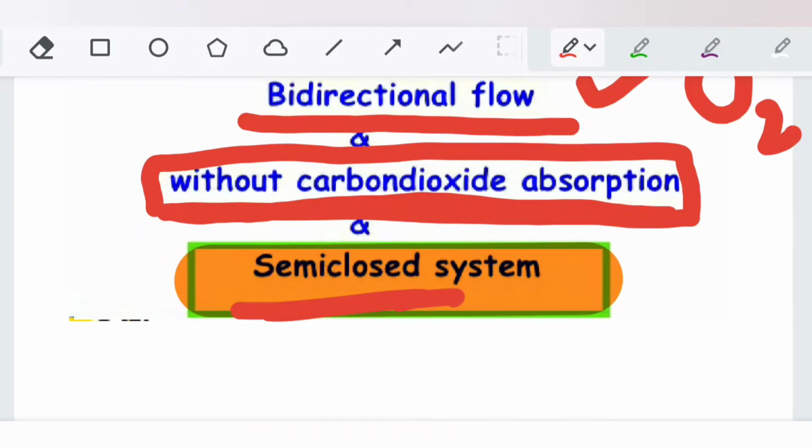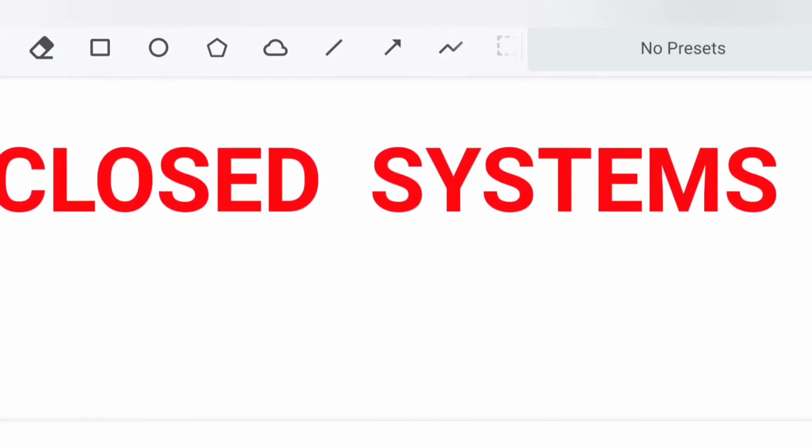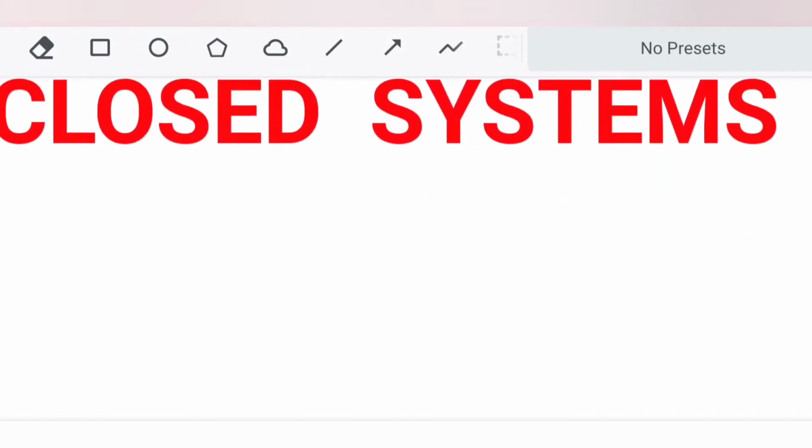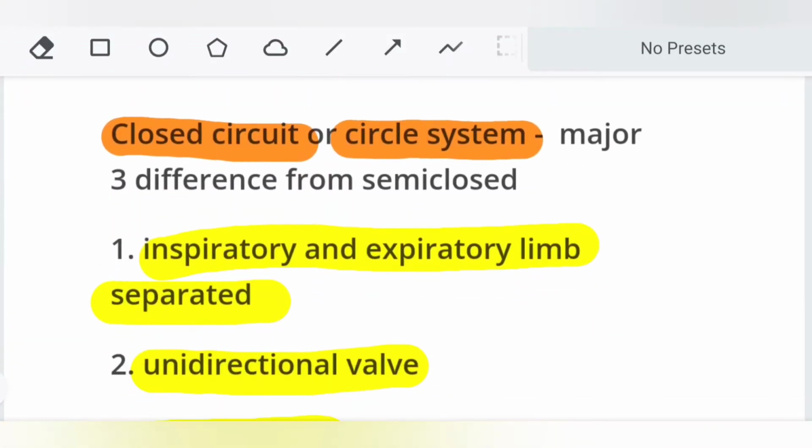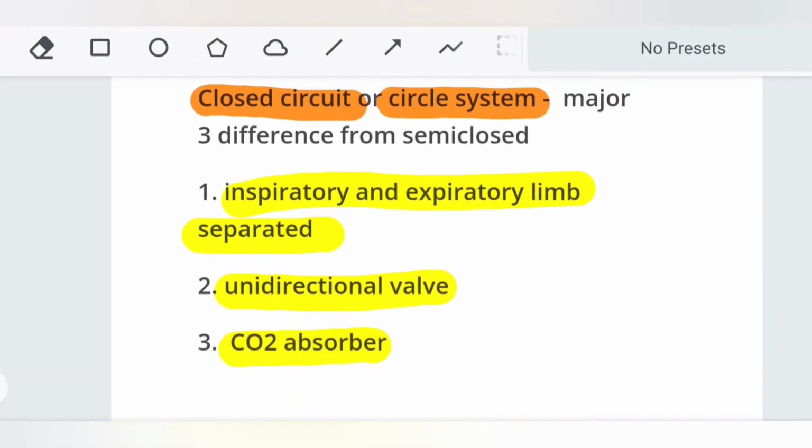Now see another classification, that is the closed system. First we will see the difference between the closed circuits and the semi-closed, that is the Mapelson circuits.